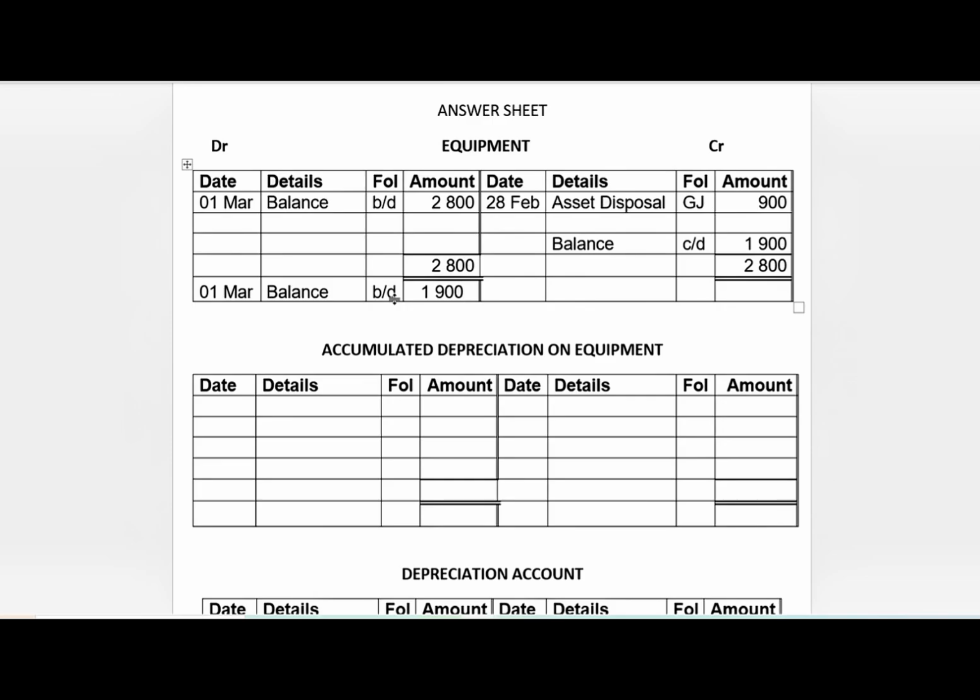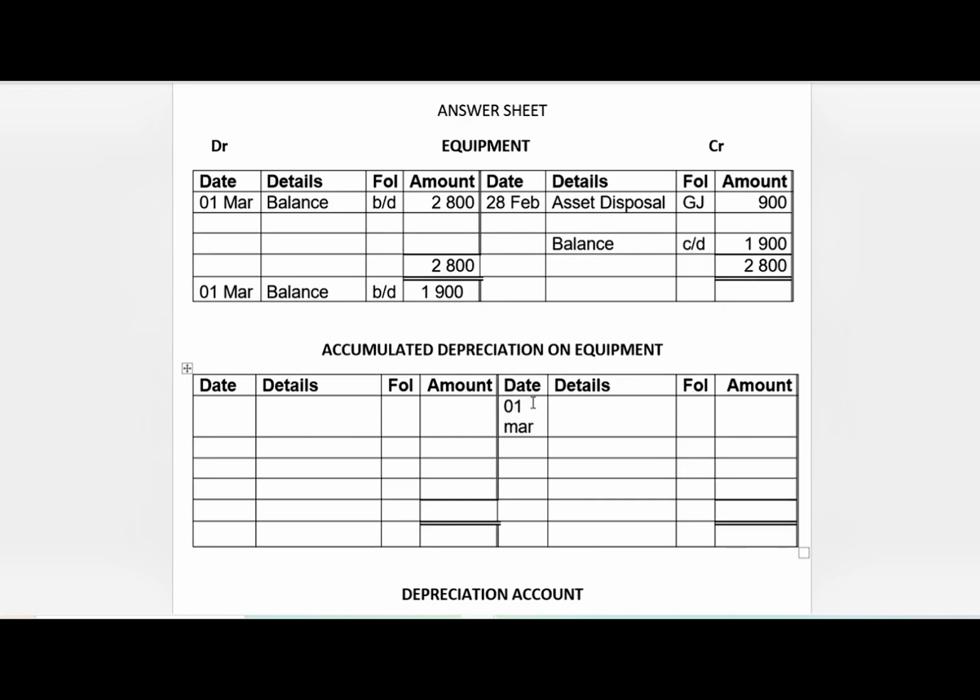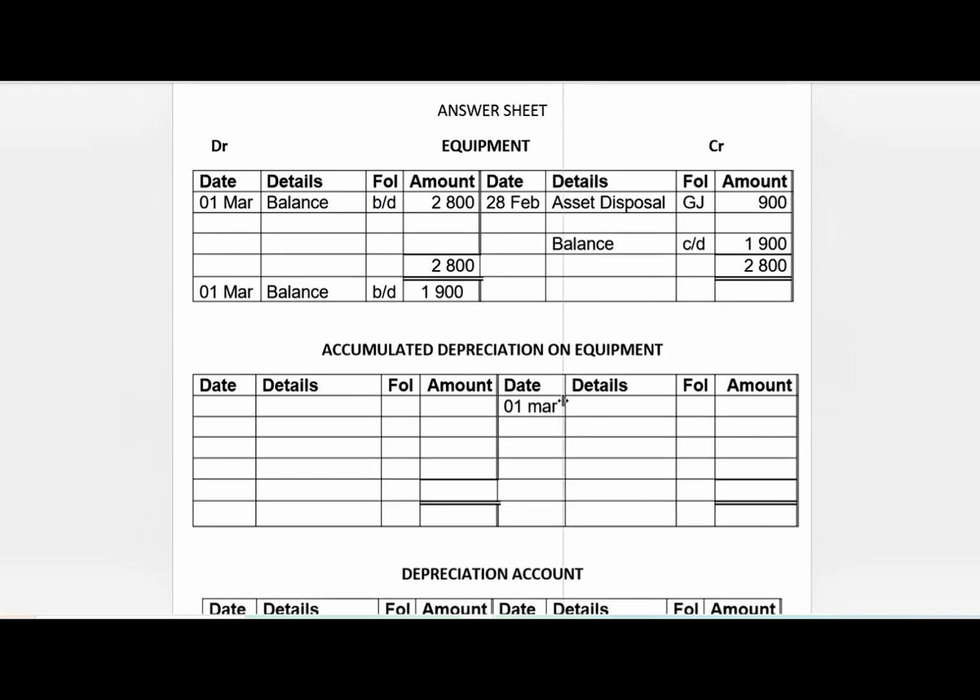Now we are going to prepare the accumulated depreciation account. Remember, we will have the opening on the credit side. So our opening, obviously, is 1st March, and then it's going to be balance brought down.